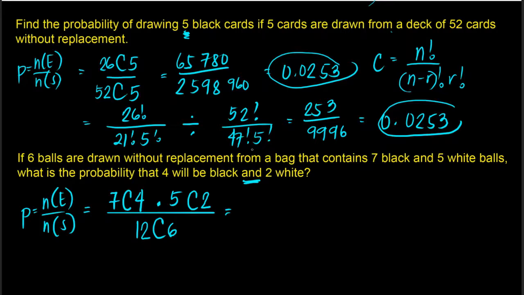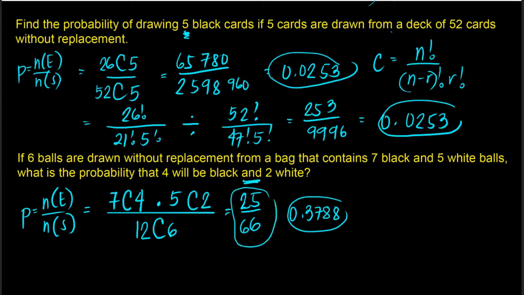Also, you should put parentheses so it doesn't multiply incorrectly, because after you calculate 7C4, if you did not put parentheses, it will give 45. Just be careful with your parentheses and your multiplications. Okay. So, what I got was 25 over 66, or in decimal, that's 0.3788. Okay. So, yeah. This is the answer that I got out of that.